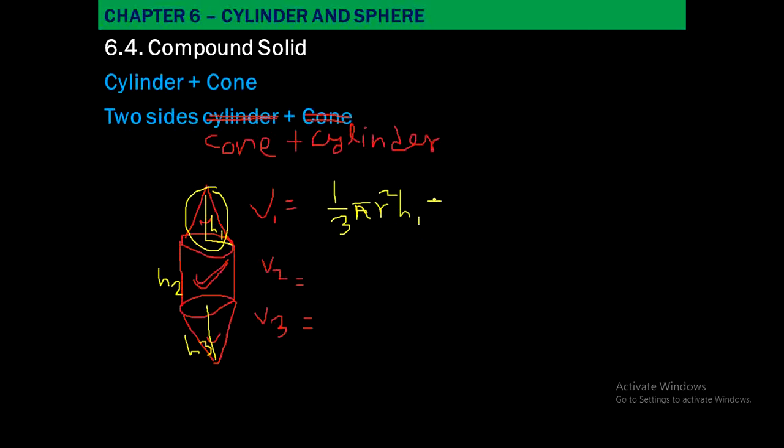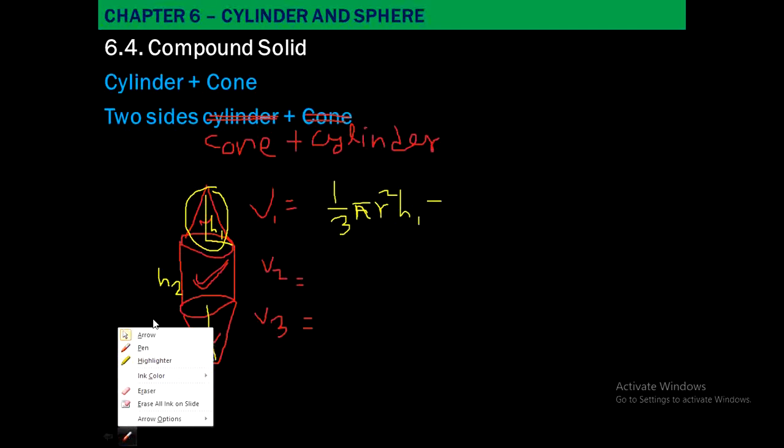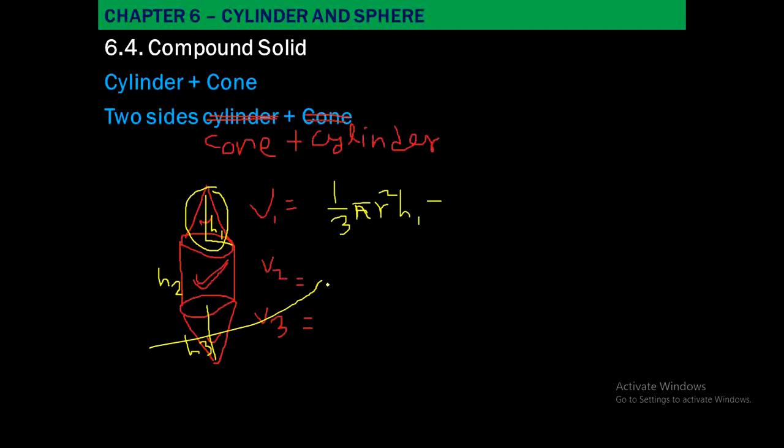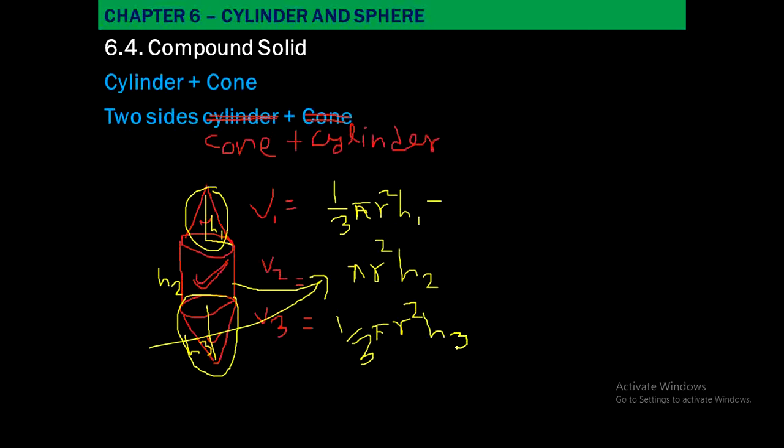V2 is the cylinder, so volume of the cylinder is pi r square S2, and this one is 1/3 pi r square S3.